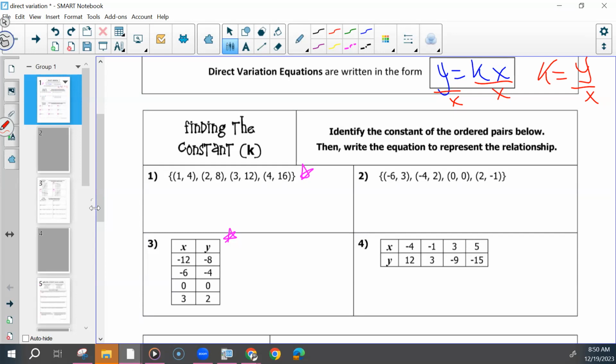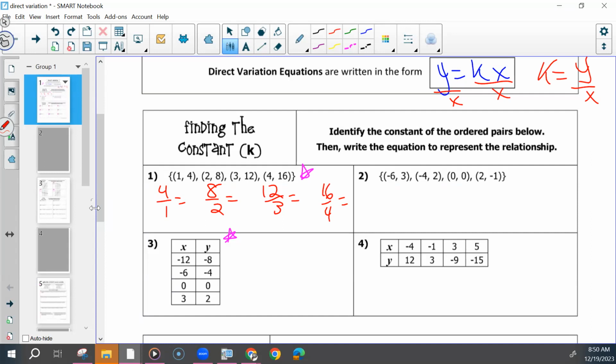So for each of these, let's divide our y by x. So 4 divided by 1, 8 divided by 2, 12 divided by 3, and 16 divided by 4. What would those be? 4 for all of them?